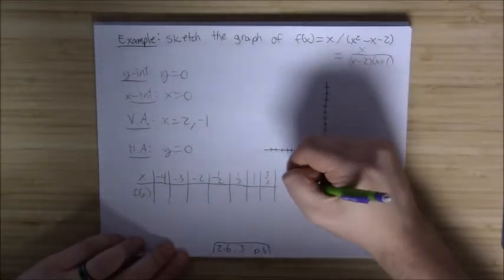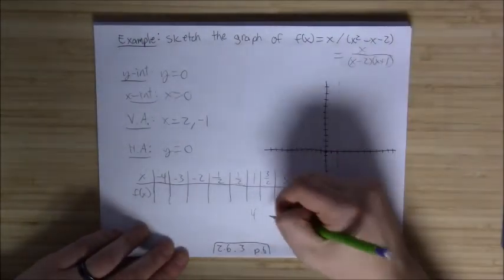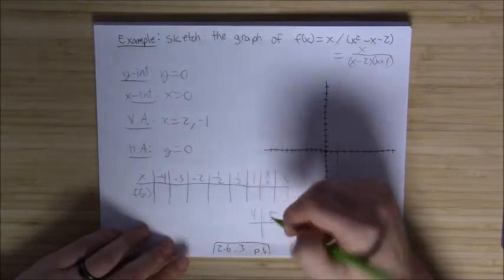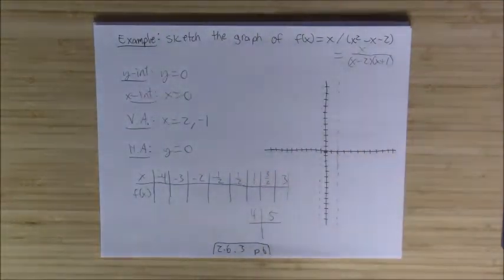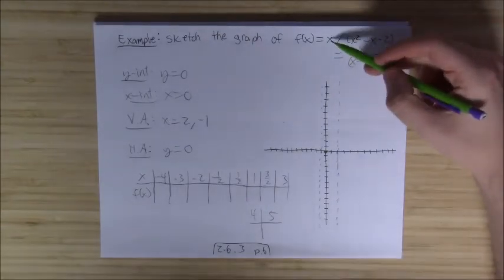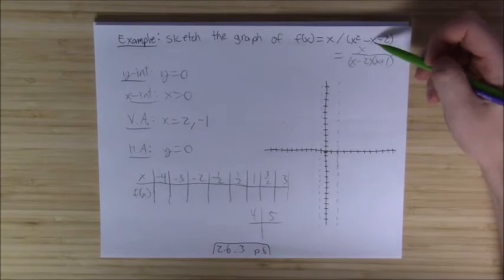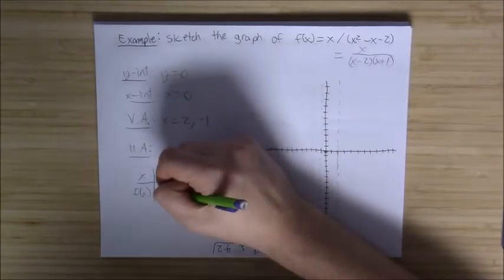And then finally on the other side, so 2, let's look at 3, 4, and 5. All right, that's a good set of points. Plugging -4 in, we get -4 on top, and 16 plus 4 is 20, minus 2 is 18.